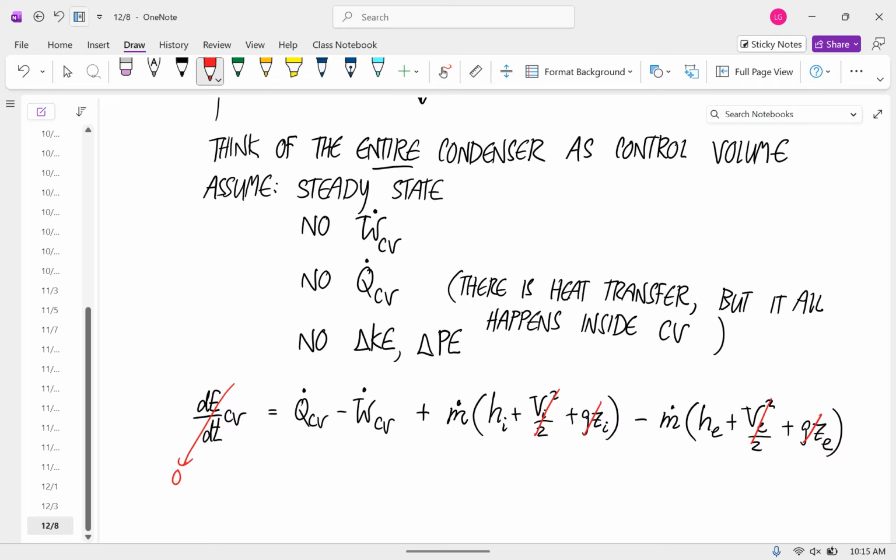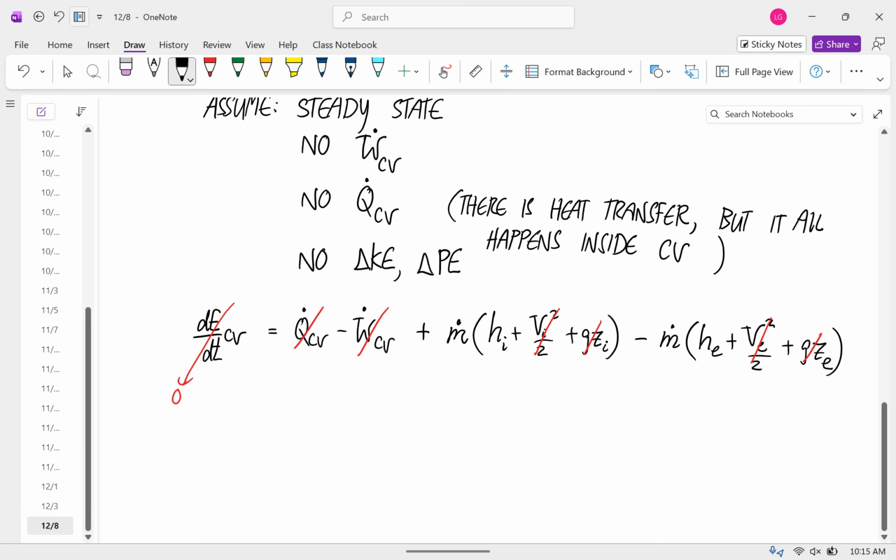And then we have these. And now we have to think about breaking up, okay, we have this new thing that says 0 is equal to m dot times the quantity h_i minus h_e.